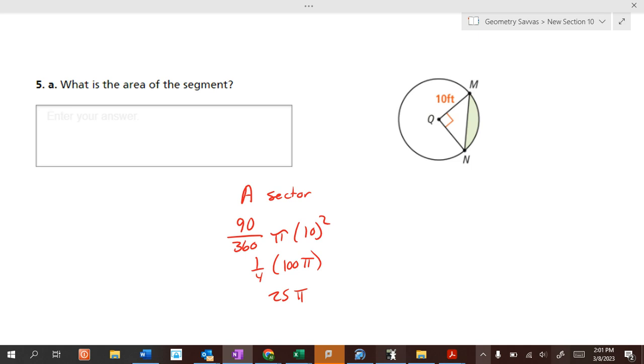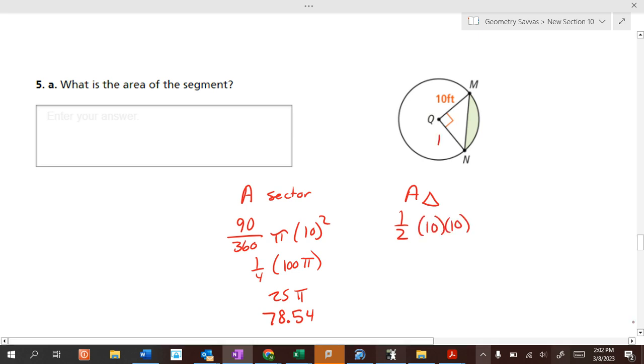But we really need a decimal here. What's a decimal for 25 pi? Should be like 78 point something something. 78 point what? 54, something like that. Yep. Now the area of the triangle is 1/2 of 10 times 10, because these are both 10, times the sine of the angle in between, which is 90. 10 times 10 is 100.